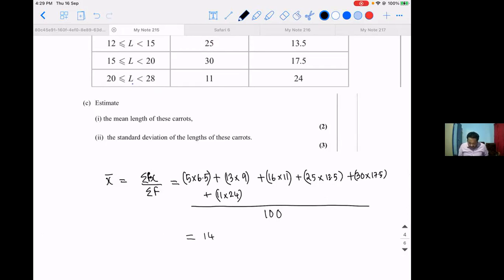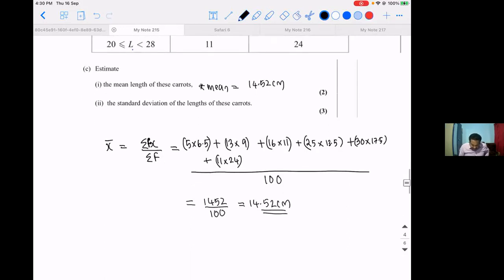So 1452 divided by 100, and that is 14.52 centimeters. So the mean is equal to 14.52 centimeters, and that carries 2 marks.